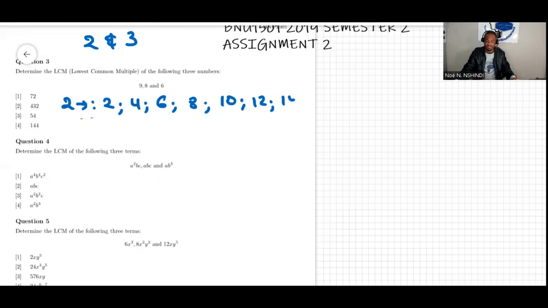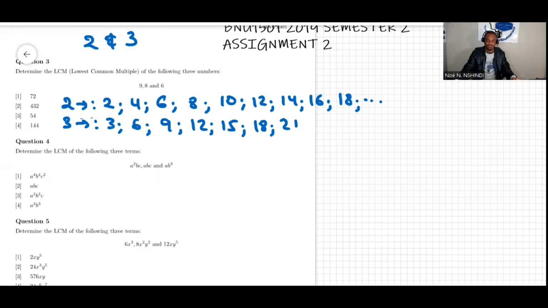We can list as many as we want, etc. Those are the multiples of 2. And the multiples of 3 will be 3, 6, 9, 12, 15, 18, 21, 24, 27, etc. All these are multiples of 3.